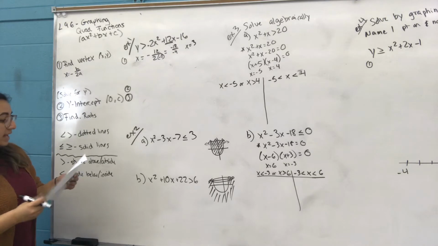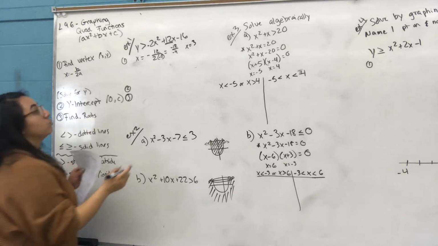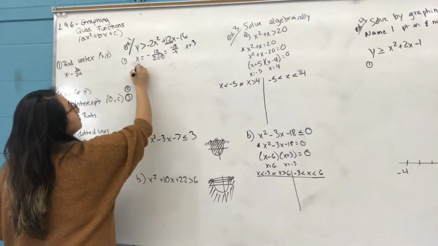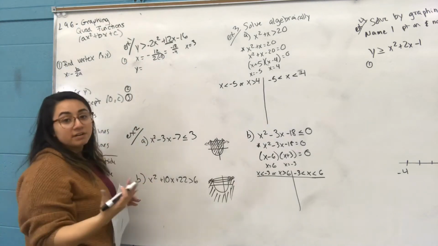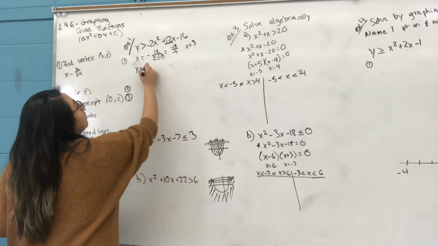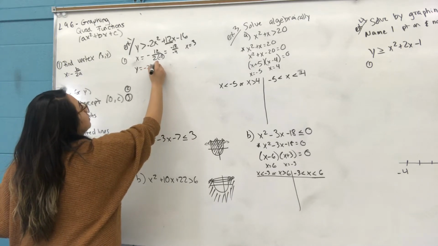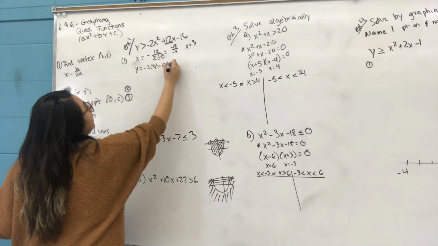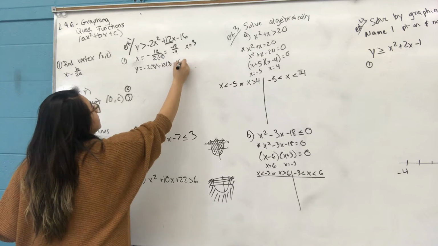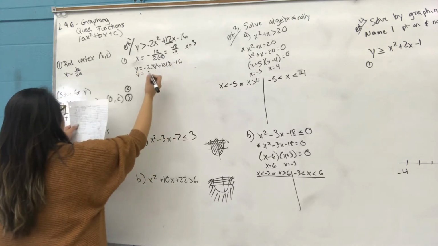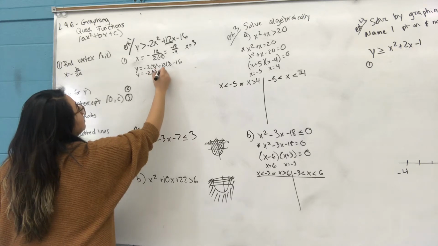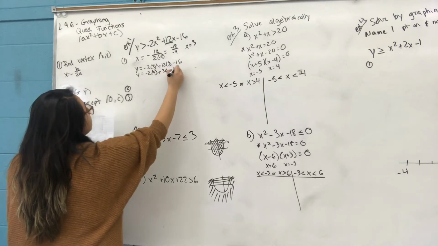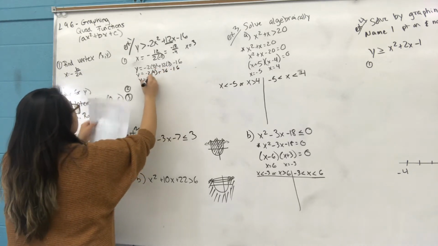Next thing I do, I go ahead and find y. Since I found x, I plug it into the equation. I make an equal sign for now. I'm not going to focus on the inequality until the very end. So y is equal to negative 2 times 3 squared plus 12 times 3 minus 16. When I do that, I get negative 2 times 9 plus 36 minus 16, and y is equal to 2.